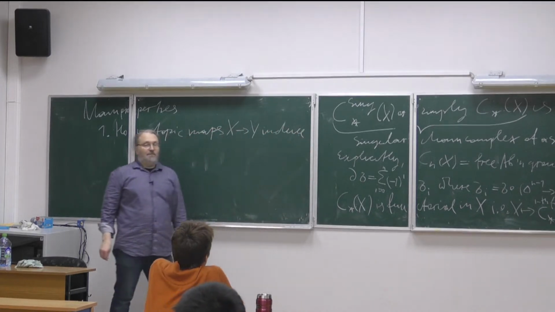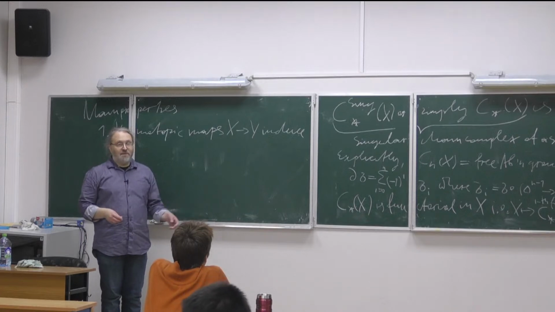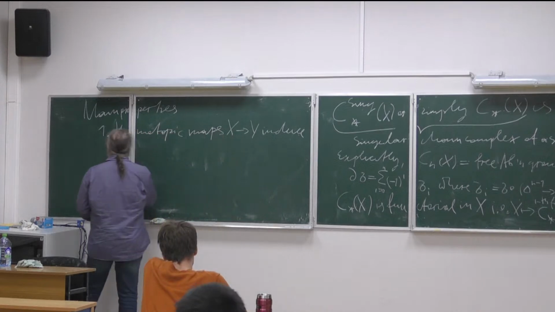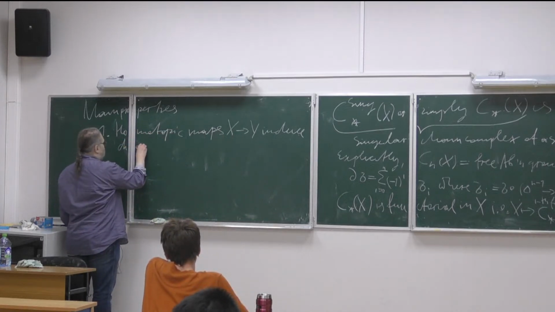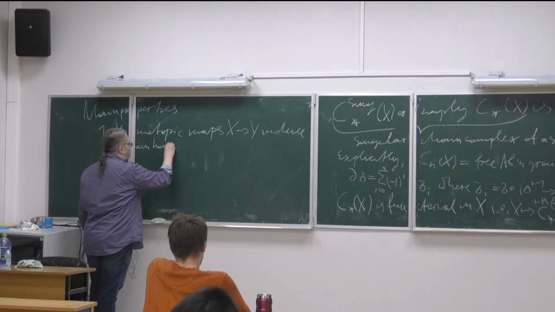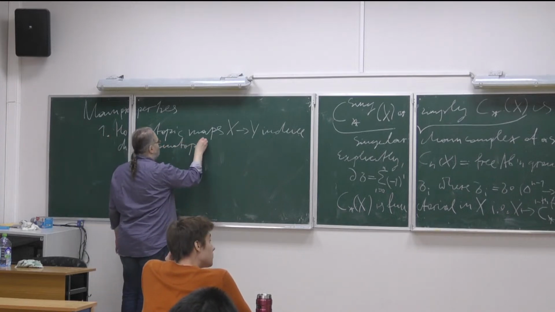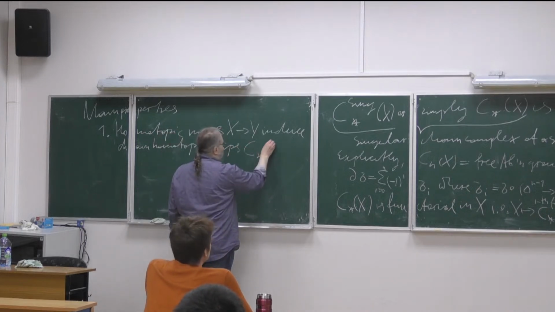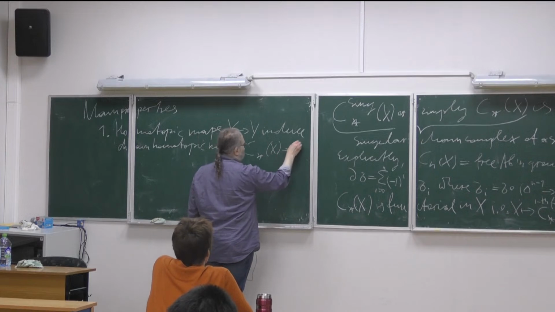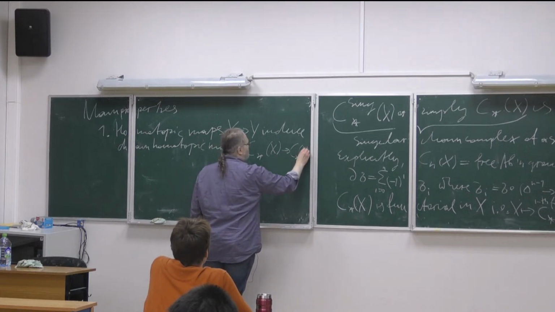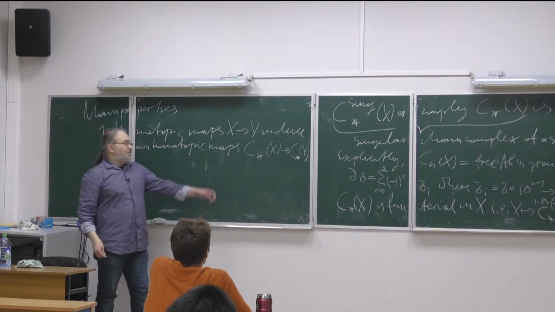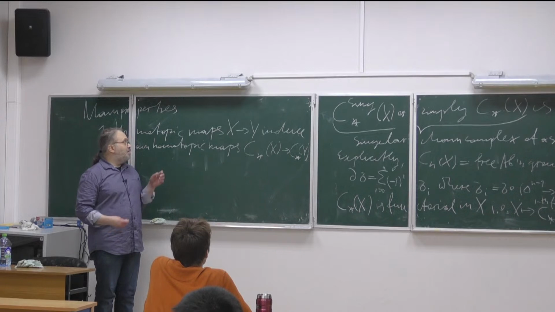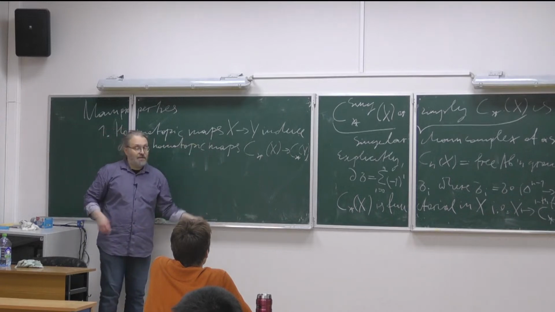Property 1. Homotopic maps from X to Y induce chain homotopic maps from C lower star of X to C lower star of Y. Now, let's see if this makes sense.